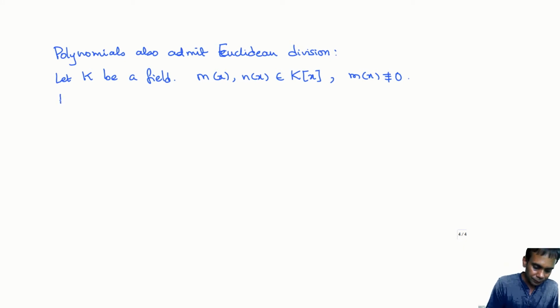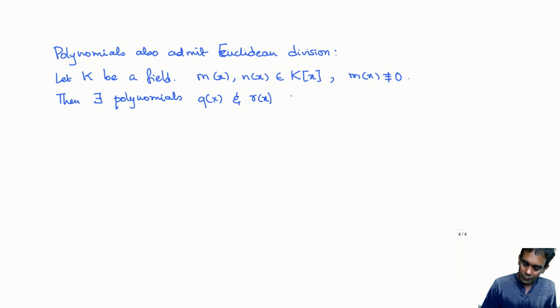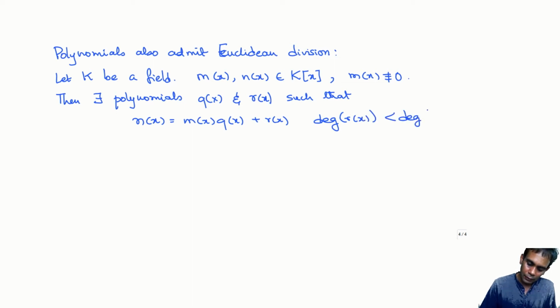Okay, then there exist polynomials q(x) and r(x) such that n(x) is equal to m(x) times q(x) plus r(x), where the degree of r(x) is less than the degree of m(x), or r(x) is equal to 0.